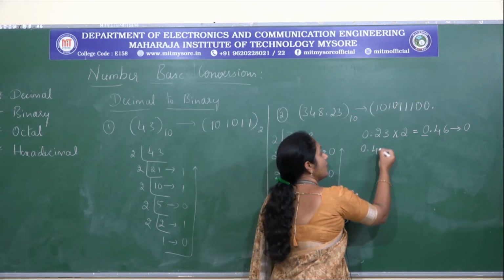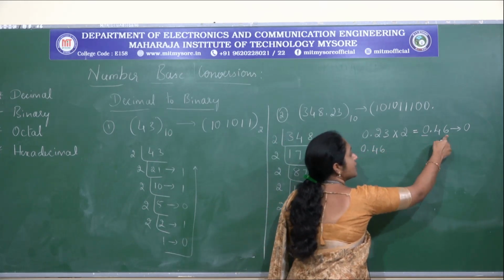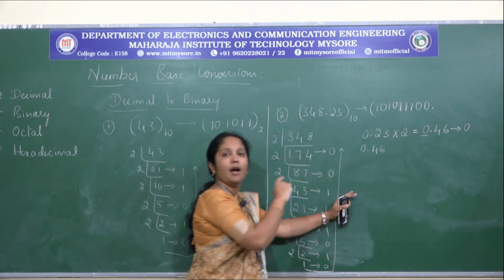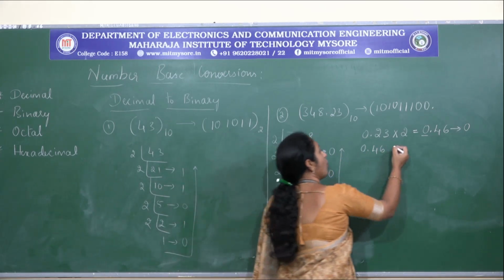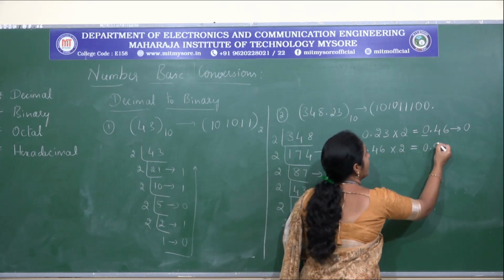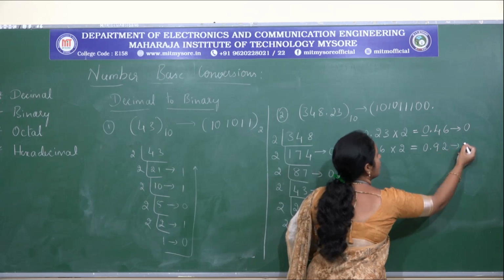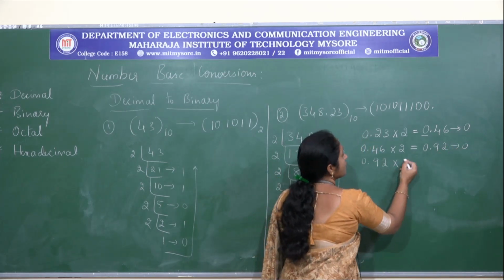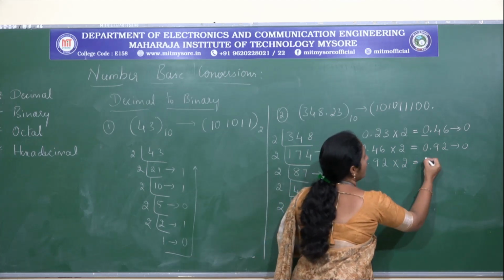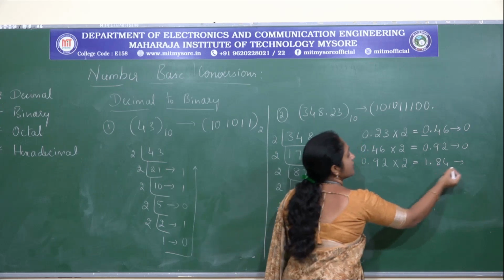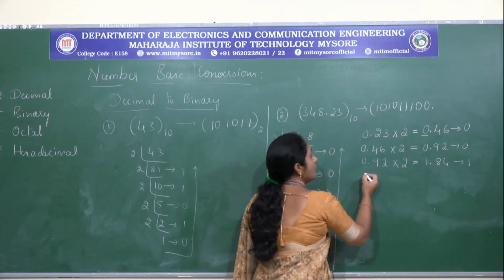While passing to the next step, we are supposed to pass only the digits after the decimal point. Even if it is 1, you need to make it 0 and send it to the next step. 0.46 into 2 is 0.92. Here I have 0, note it down. 0.92 into 2 is 1.84. What is the digit before the decimal point? 1. Note it down.